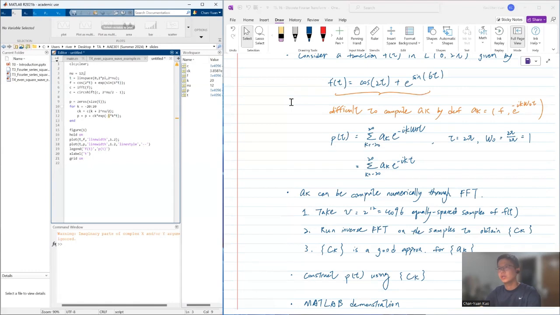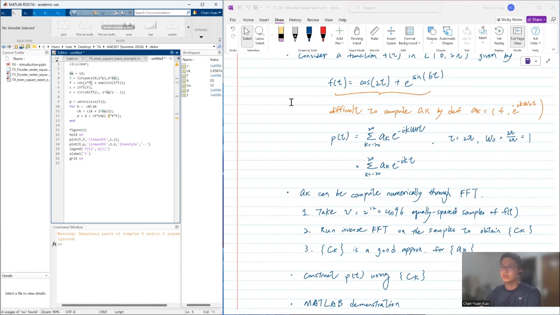First of all, we know that the function is in the Lebesgue space L squared with interval from 0 to 2 pi, and we are going to take 4096 samples on this interval. So here we have t equals linspace of 0 and 2 pi and 2 to the power of nu, which is equal to 4096 in this case.